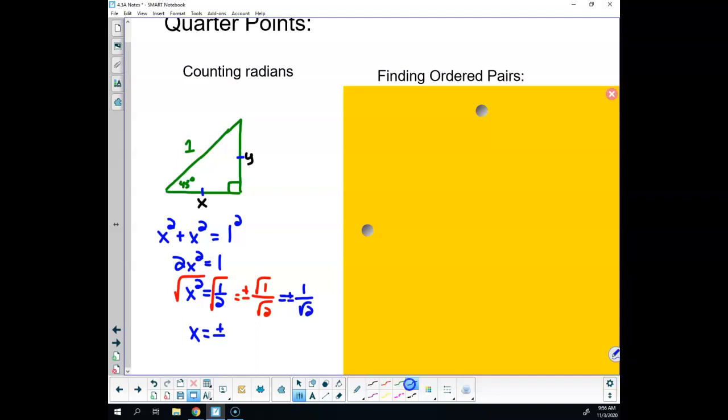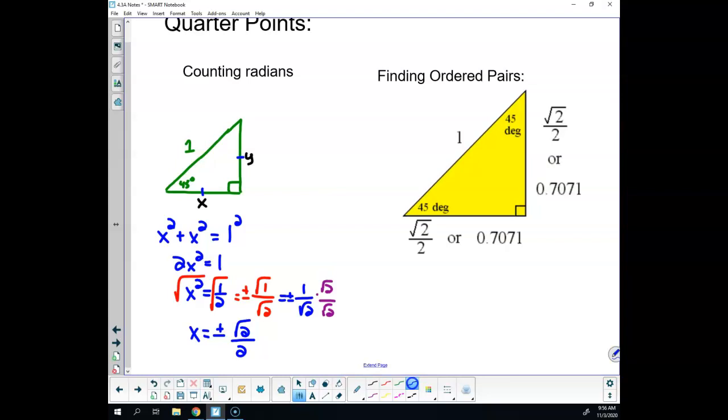We would multiply that by the square root of 2 over the square root of 2, rationalize that denominator, and we would get plus or minus the square root of 2 over 2.